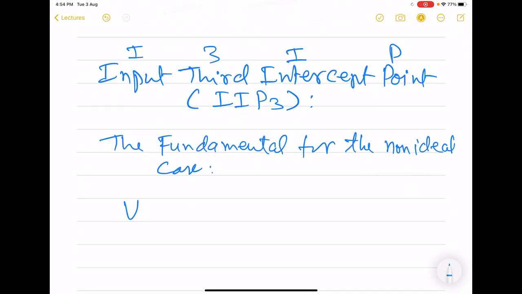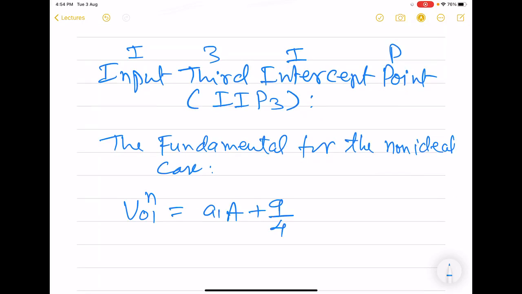So this amplitude for the non-ideal case is going to be A1 A, arising because of the first term of the nonlinearity, plus 9/4 A3 A cube.